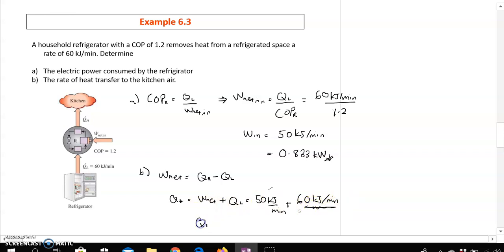So your QH is equal to 110 kilojoule per minute. This is the answer. If the question does not ask you to convert, it's not necessary to convert. You can leave it like this; it is also correct.